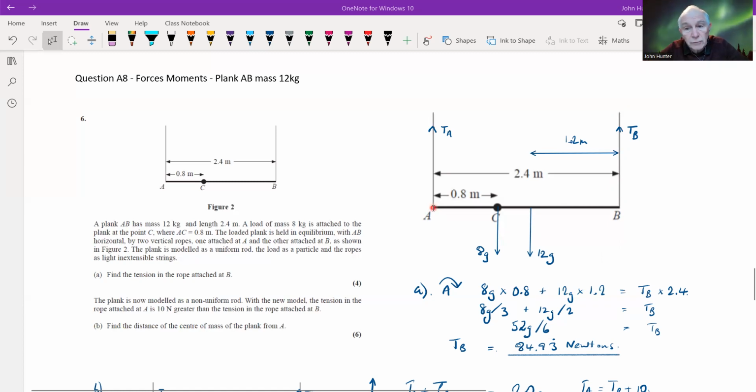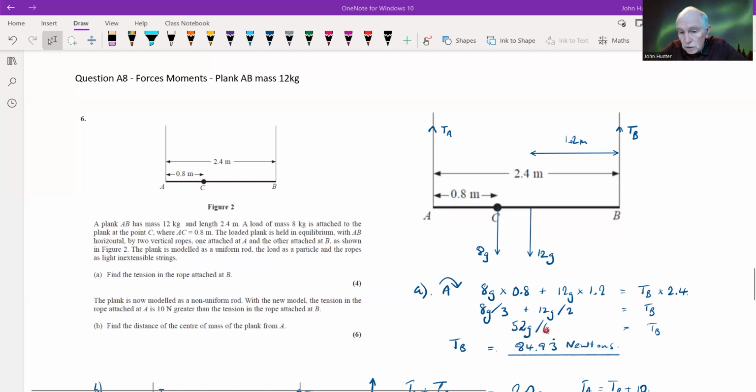Just to mention, of course, your reference point doesn't have to be any kind of fulcrum or pivot. It could be any point. So from A, that's 2.4. So we've got this now. If we just work this through, I will not go through the working of the equation. We can simplify all this.